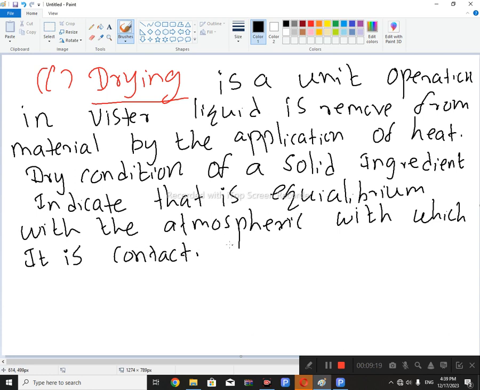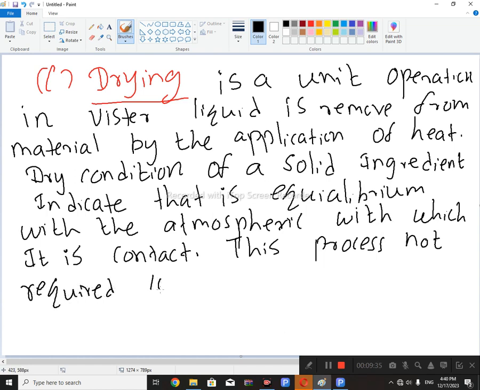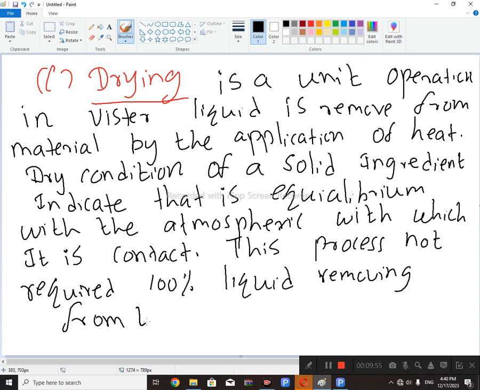This process does not require 100% liquid removal from the solid every time.